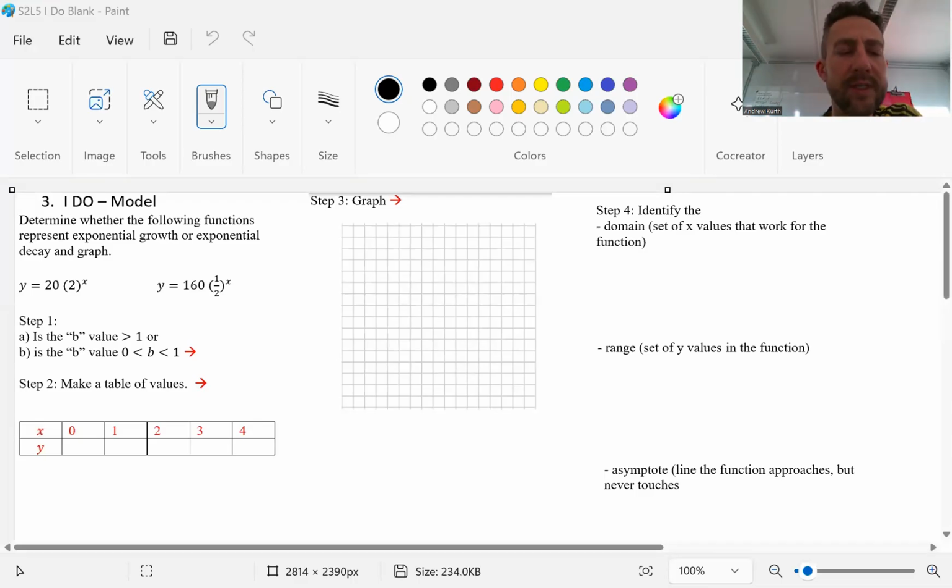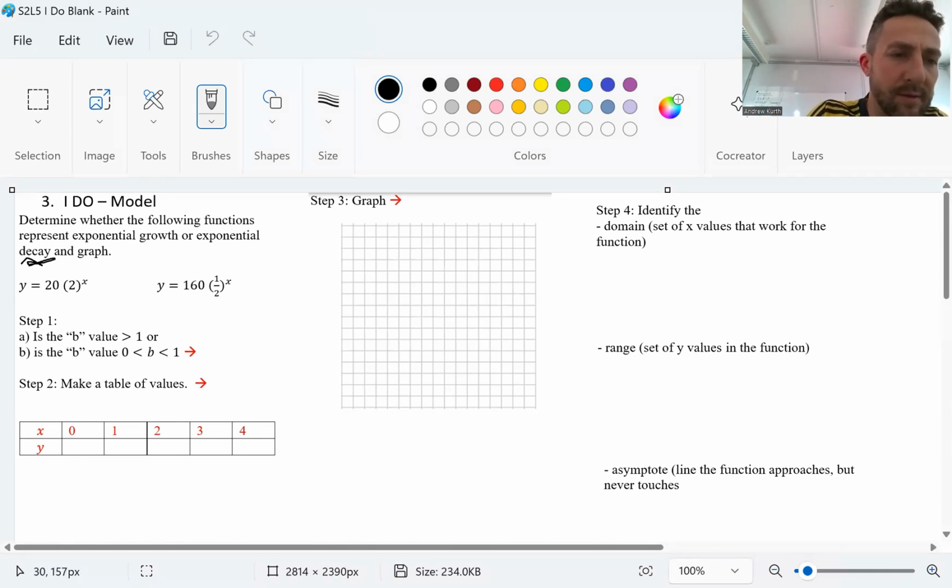In this video, we're going to introduce exponential functions and show exponential growth and exponential decrease called exponential decay. So this question asks us to look at two functions.